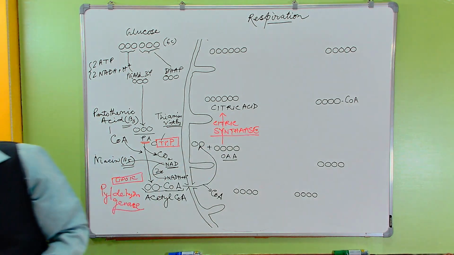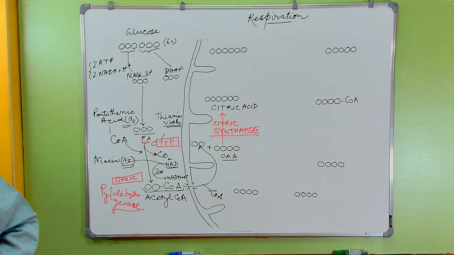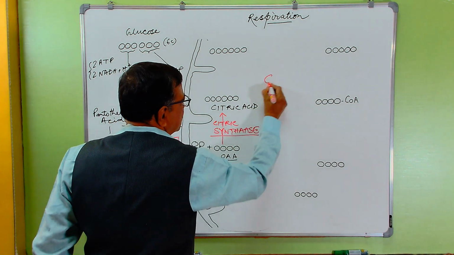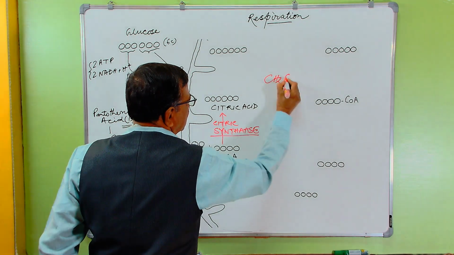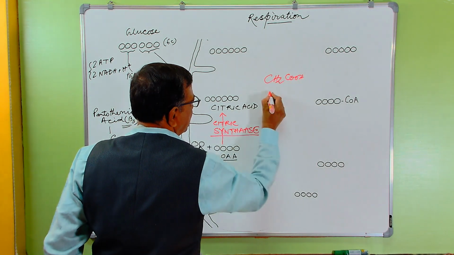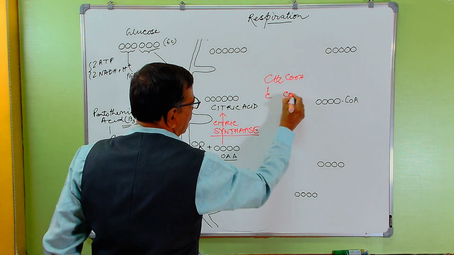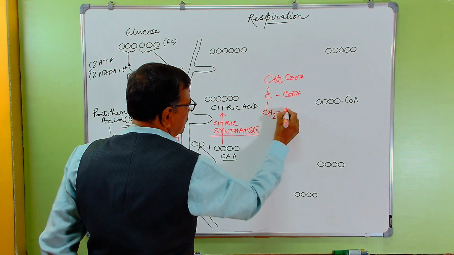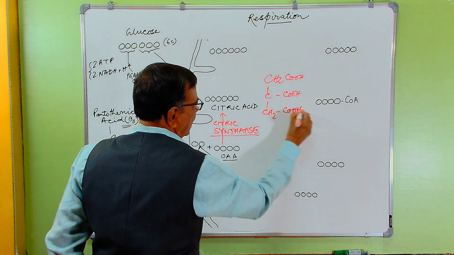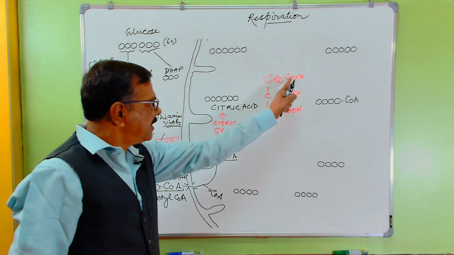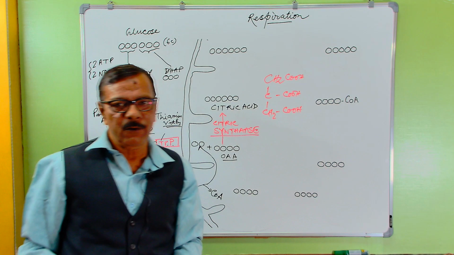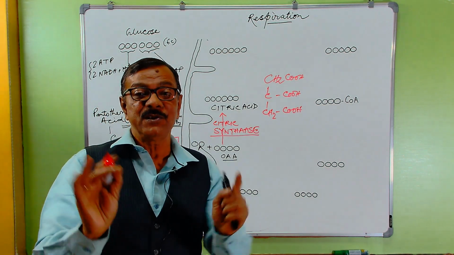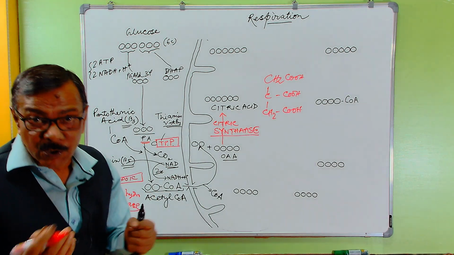The structure of citric acid is somewhat like this: CH2COOH, CCOOH, and CH2COOH. These 3 are known as carboxyl groups. OH is the hydroxyl group, and the double bond CO is the acid group.